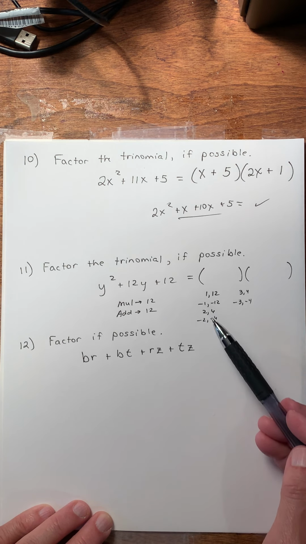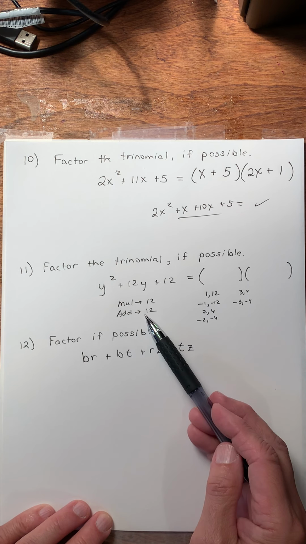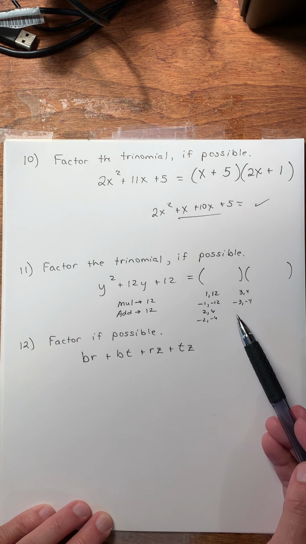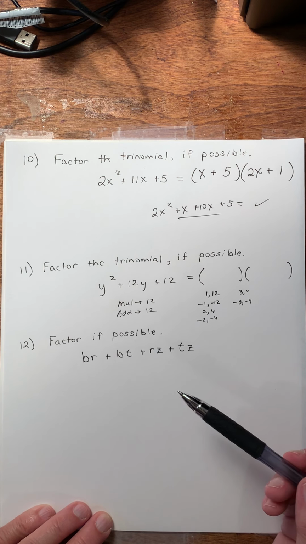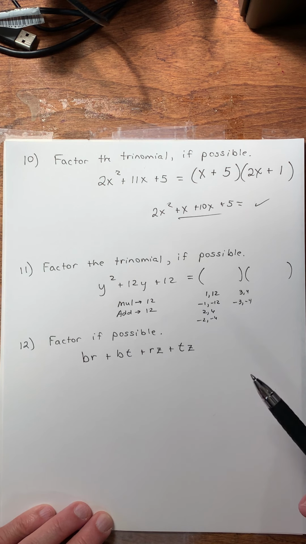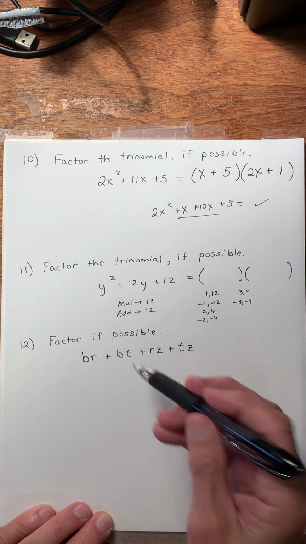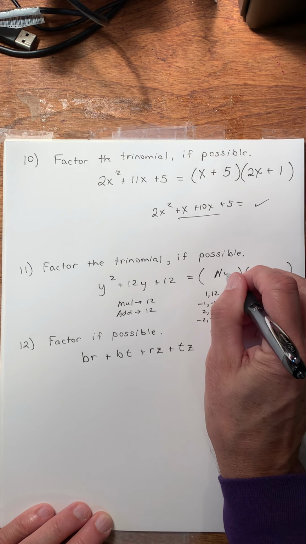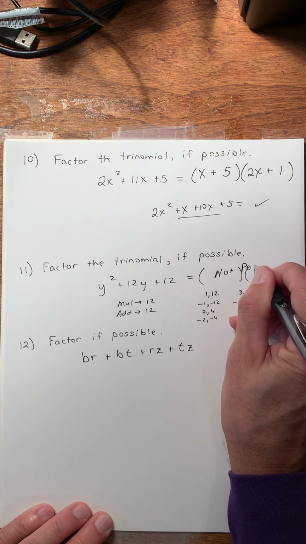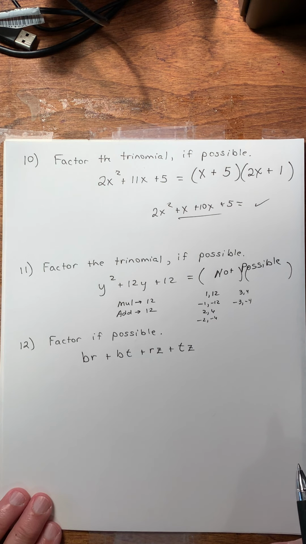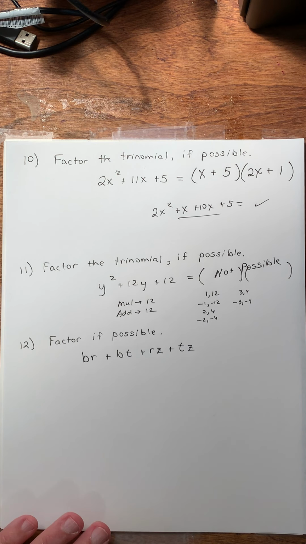Which of these pairs of numbers also adds to give a positive 12? None of them. That adds to give 13, negative 13, 8, negative 8, and so forth. None of them add to give 12. So factor the trinomial if possible. Choose the not possible option. Everything doesn't necessarily factor.